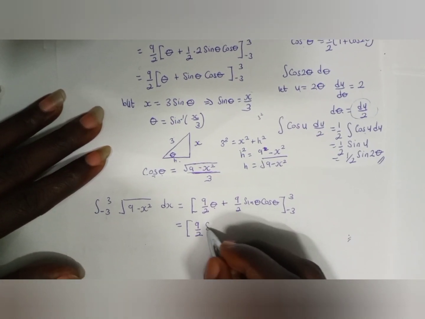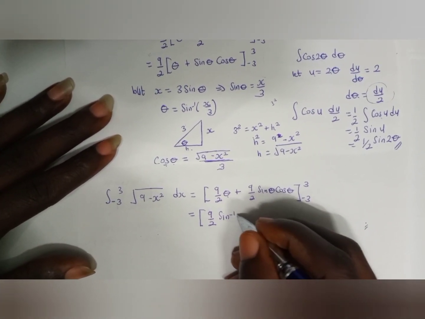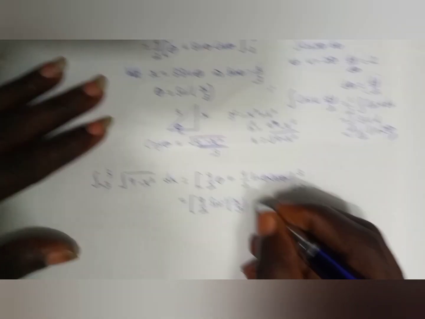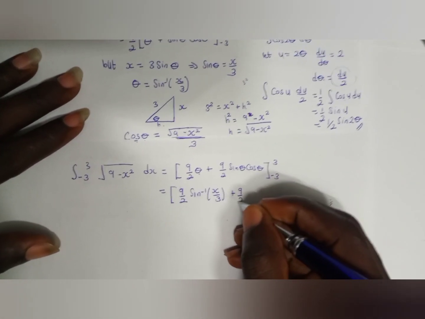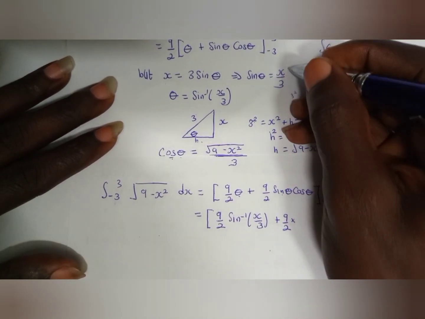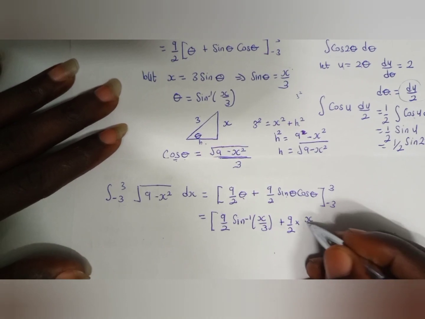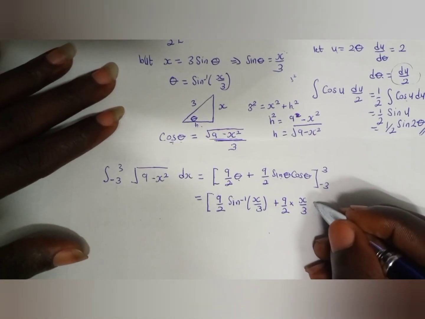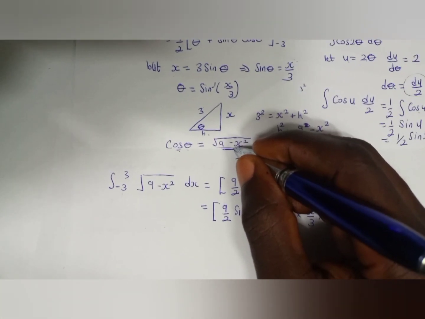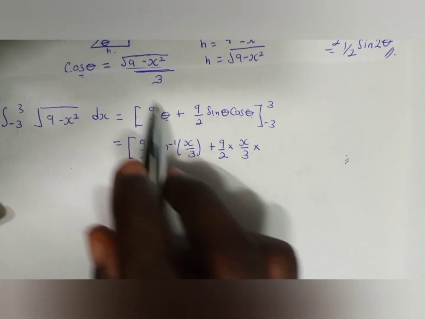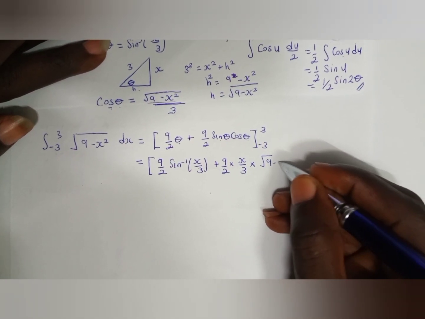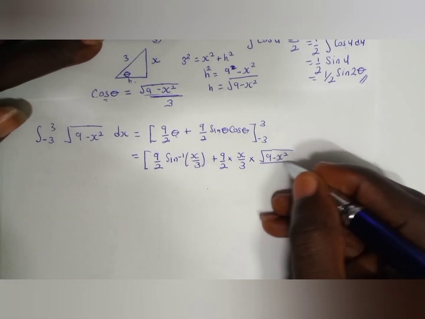So we are going to get 9 out of 2 sine inverse of x out of 3 plus 9 out of 2 times sine theta, which is x out of 3, times cos theta, which equals root of 9 minus x squared divided by 3.